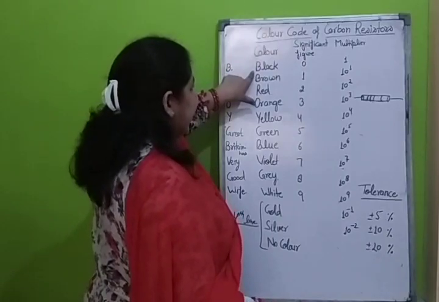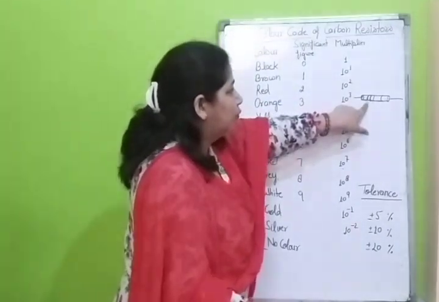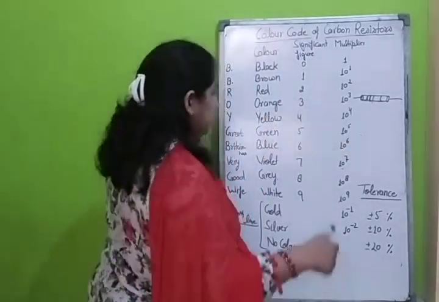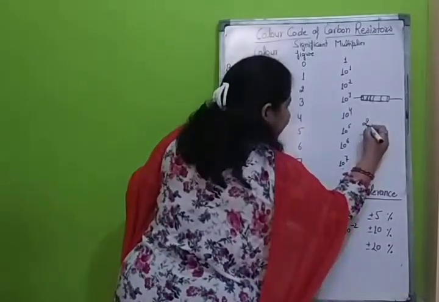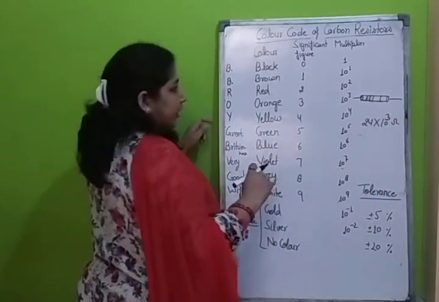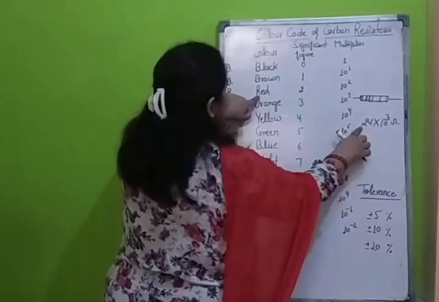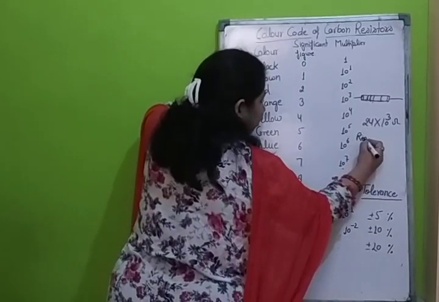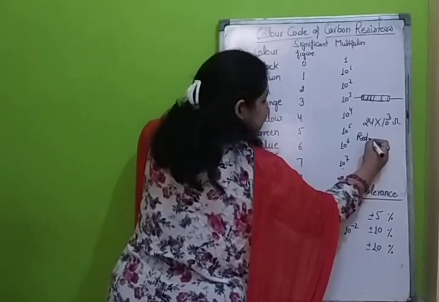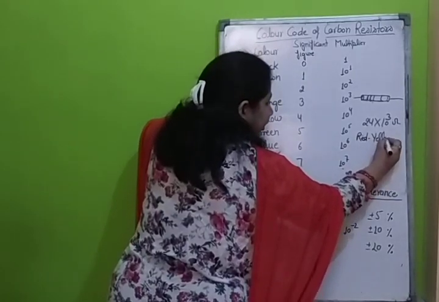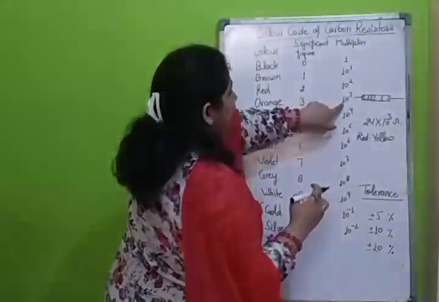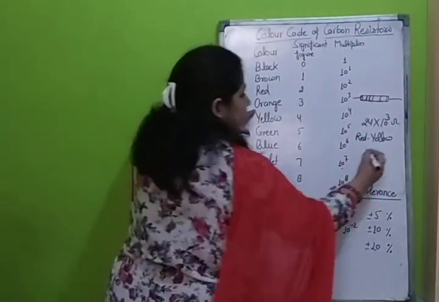If the first line is black, it means 0. If the first line is red, it means 2. Suppose we have 24 into 10 to the power 3 ohm. The first digit is 2, so the first line will be red. Next is 4, which means yellow, so the second line will be yellow. Third, the multiplier is 3, and multiplier 3 means orange.